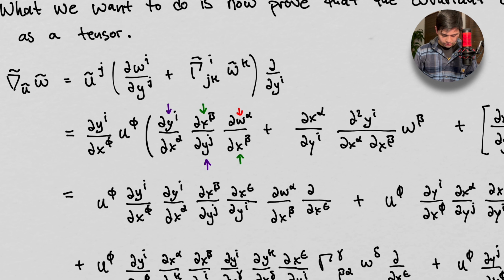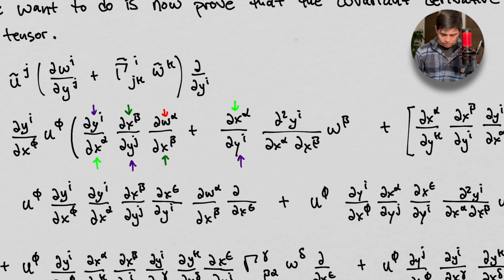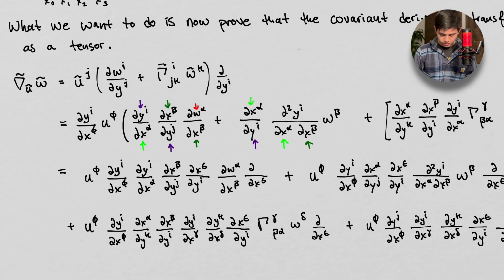And then we have, let's see, let's do this in light green. Here's x alpha, and here's x alpha, and then we do yi, and then we have x alpha again, that's going to be in this color, and then we have x beta, let's see, that was in dark green, like that.